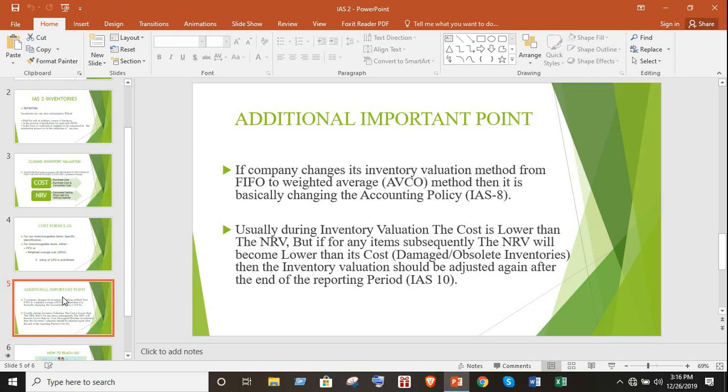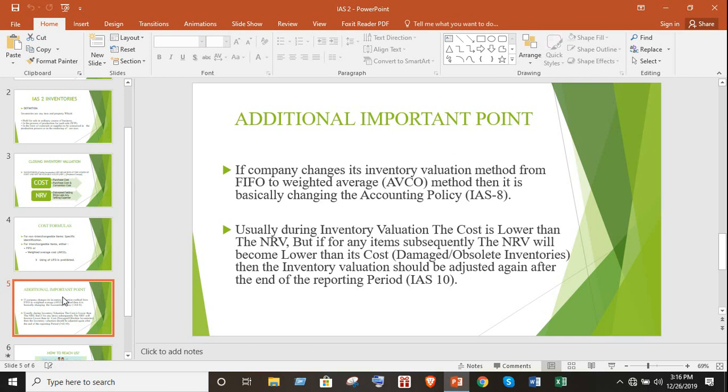And another important point is when you value your inventory at the year end, generally the cost component might be lower than the NRV component. For example, in 2018, there was a closing inventory, which I have already mentioned, a pen. The cost was $5 and the NRV was $6.5. So which value have we taken to value your inventory? Obviously $5.